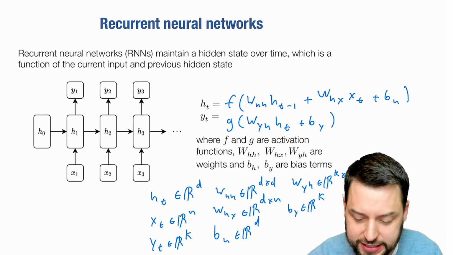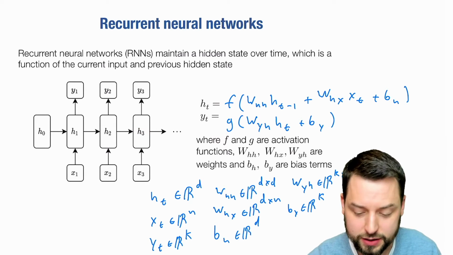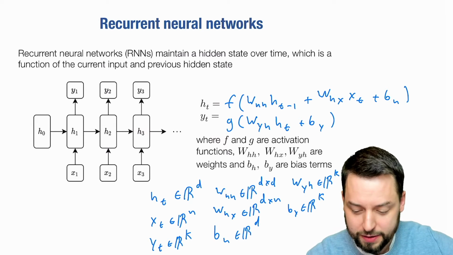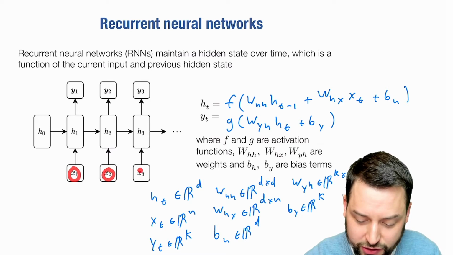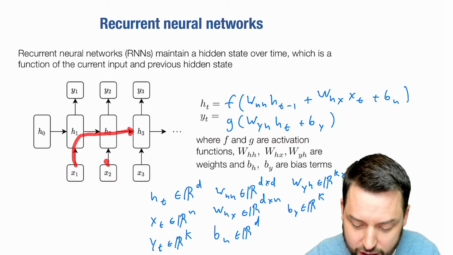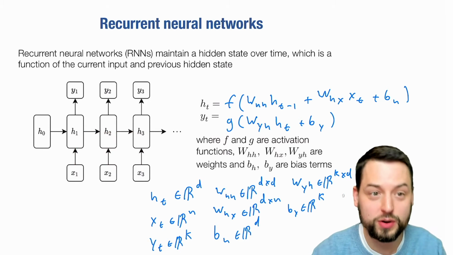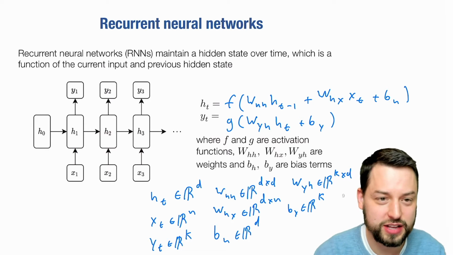The hidden state h3, say, is implicitly a function, via this recursive procedure, of x1, x2, and x3. There's a computational chain that leads from x1 to h3, from x2 to h3, and from x3 to h3.